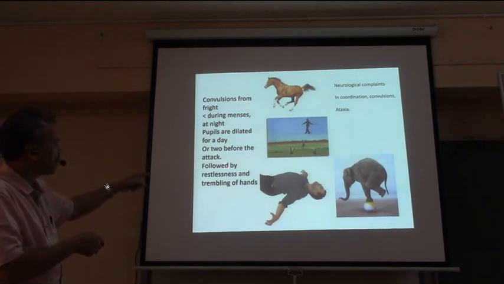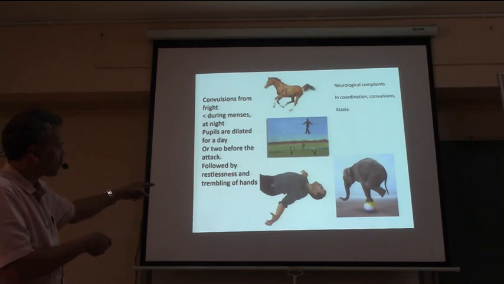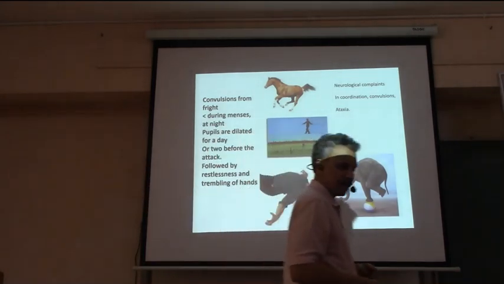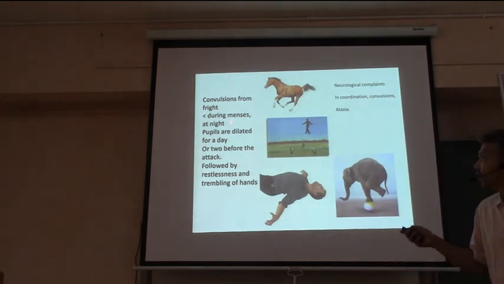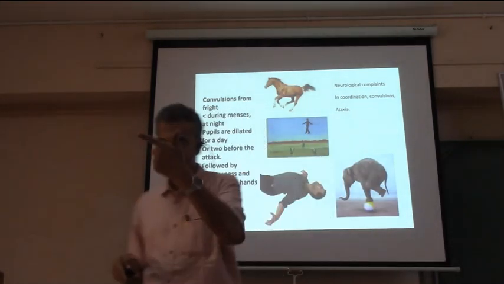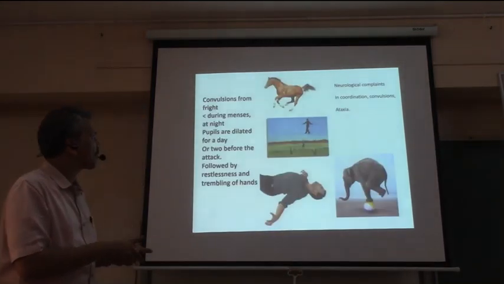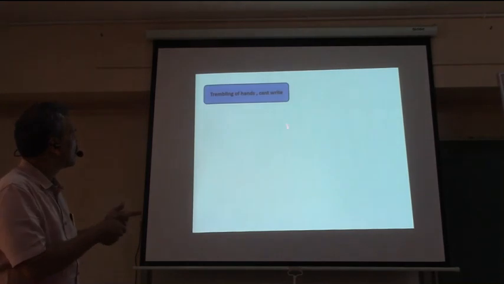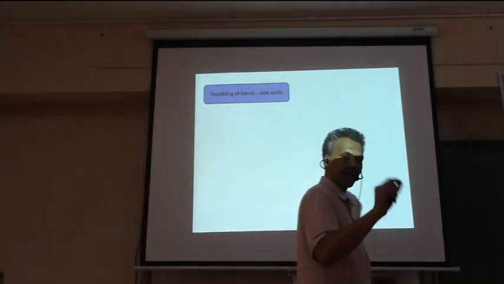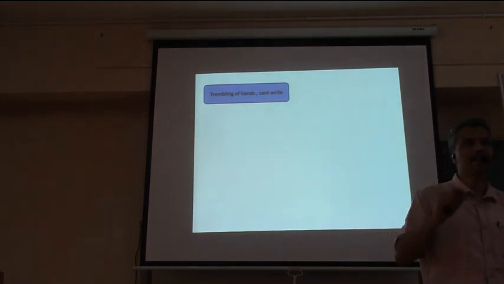Pupils are dilated, and after convulsions, there is restlessness and trembling of the hand. Very important. And you saw other things, incoordination, ataxia, trembling of hands. They can't write because the hand is trembling.